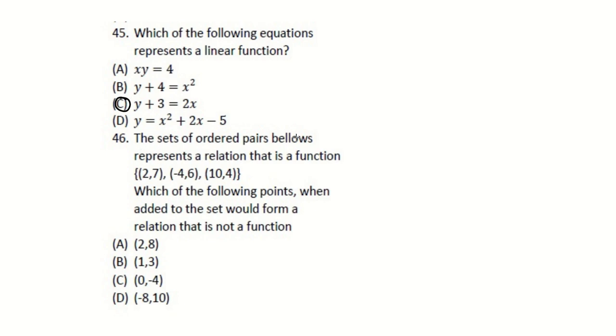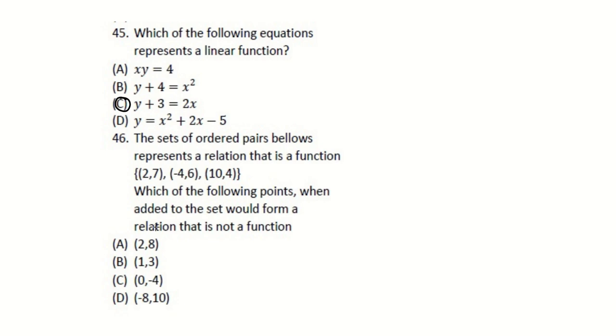A set of ordered pairs below represent a relation and function. 2 to 7, 9, negative 4 to 10, 10 to 4. Which of the following points when added to the set would form a relation and not a function? We want something that is being repeated, right? So you see how x is being repeated, right?